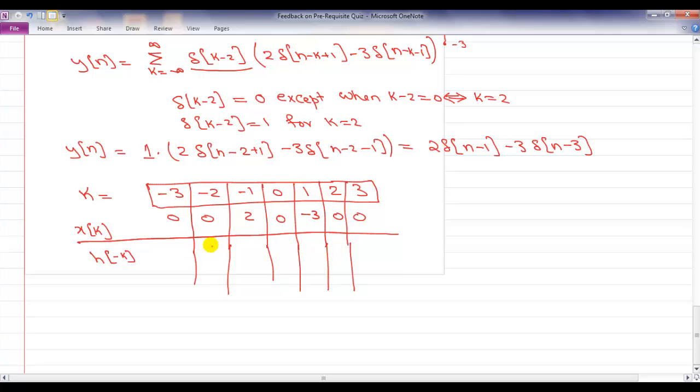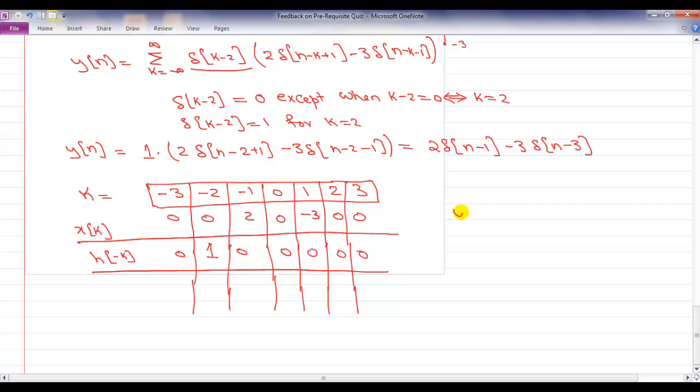So we get a delta at 1 minus 2 now, or k equal to minus 2 now. So this is h of minus k, and 0 everywhere else. Okay. And now we can ask ourselves, what happens when I slide this thing?